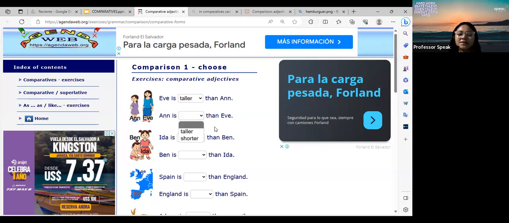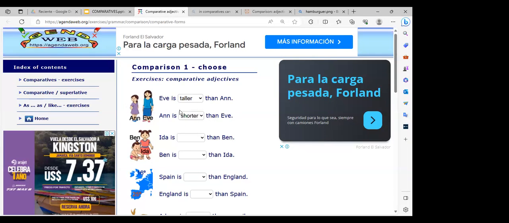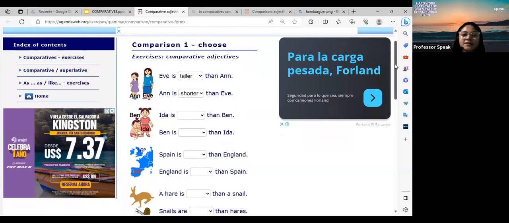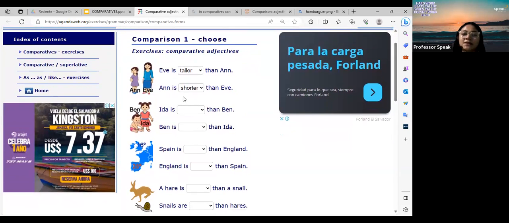So it's going to be shorter, right? See, Eve is taller than Anne, so Anne is going to be shorter than Eve. Now let's continue with the other one. Ida is than Ben. Help me, Diana, with this one.